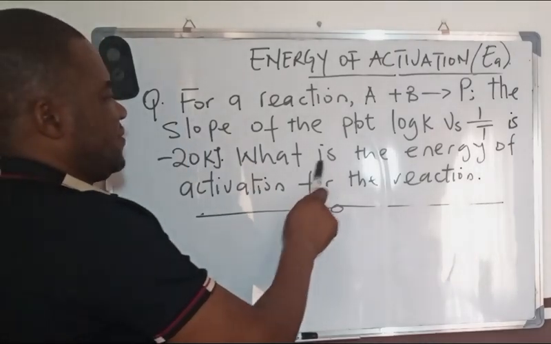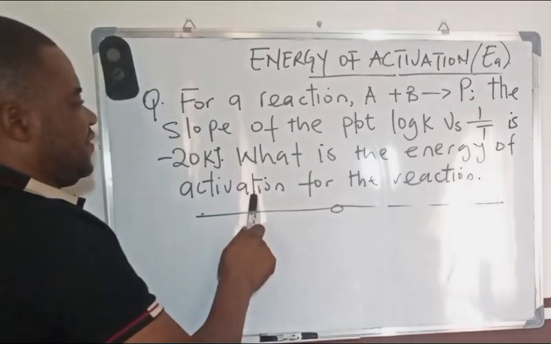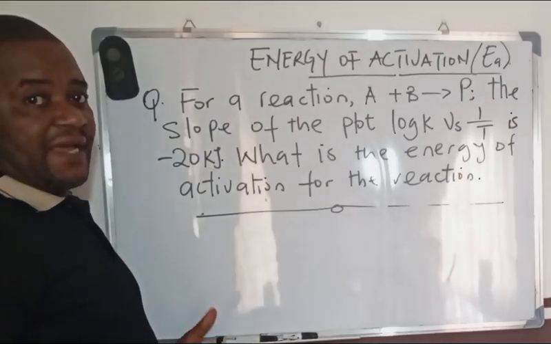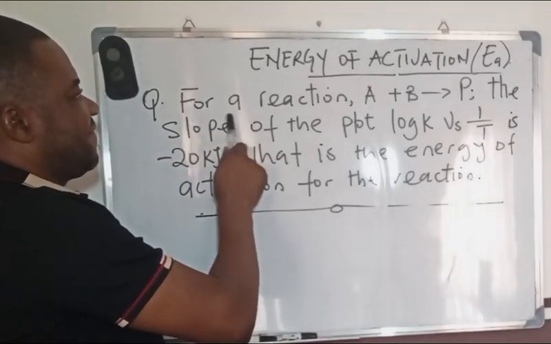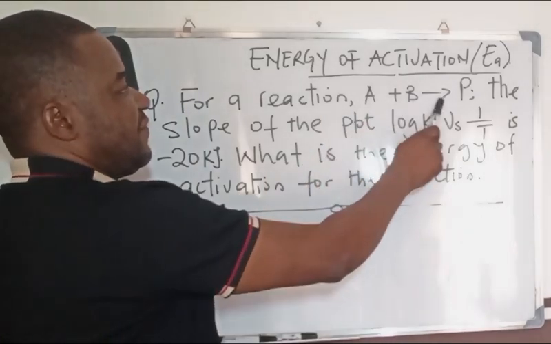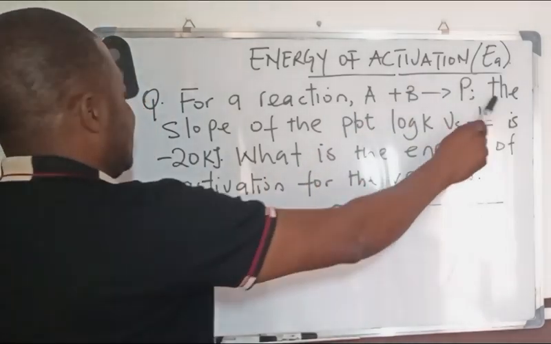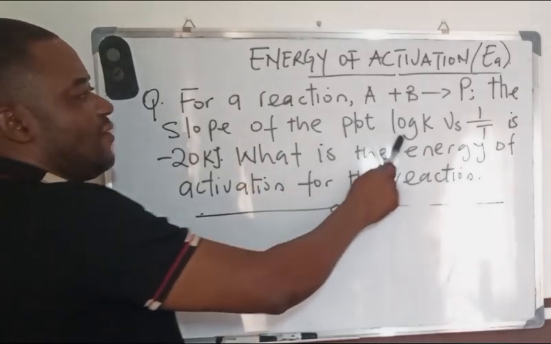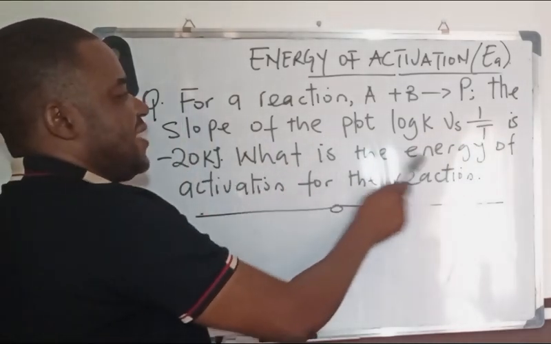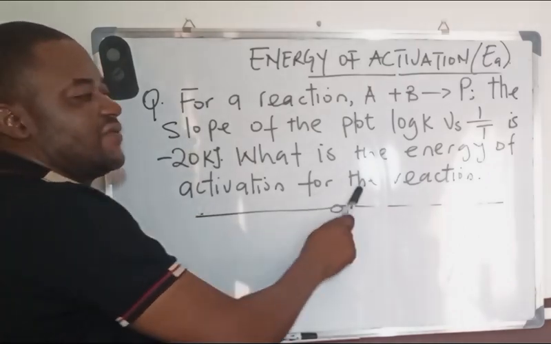What is the energy of activation for the reaction? You have a chemical reaction where the reactants are A plus B, giving you P, which is the product. The slope of the plot, log K versus 1 over T, is minus 20 kilojoule. What is the energy of activation for the reaction?